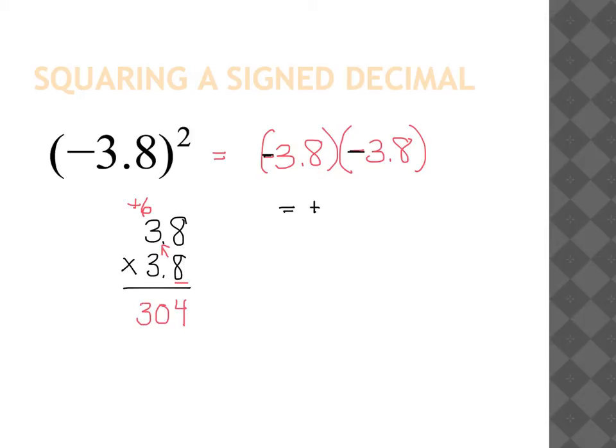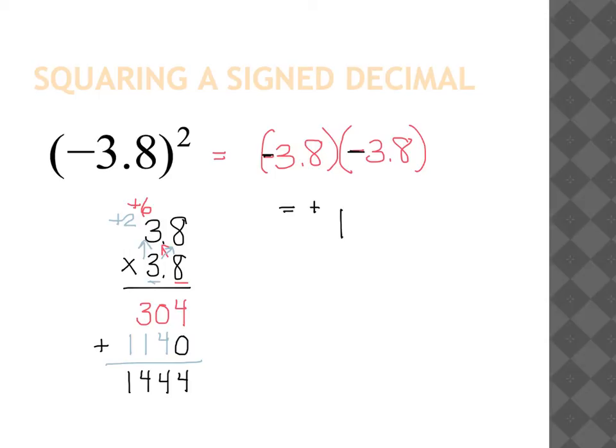And moving to the next row, 3 times 8 is 24, carry my 2. 3 times 3 is 9, plus 2 more is 11. Add the columns together, adding a 0 if you'd like. 4 and 0 is 4. 0 and 4 is 4. 1 and 3 is 4. And then bring down the 1.